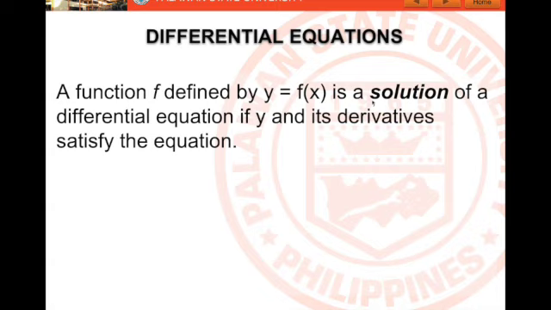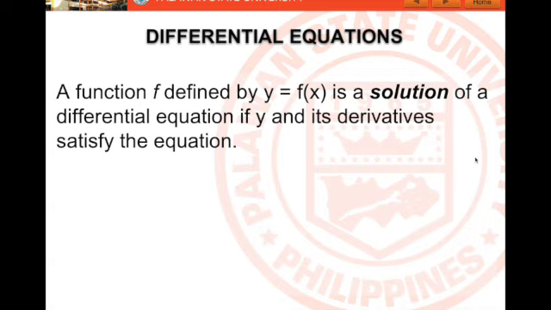So what we'll be looking for here are solutions to the DE. To satisfy the equation of y and its derivatives, we need to get the antiderivatives. That would be our solution to the differential equation.